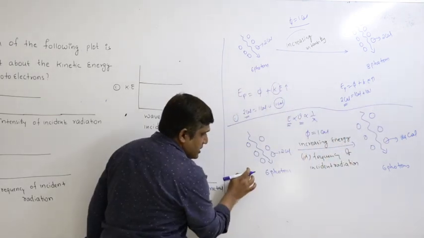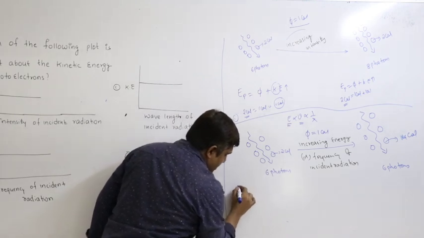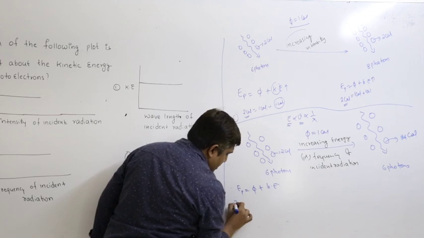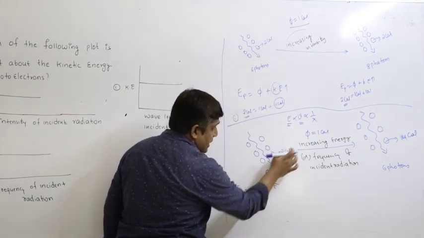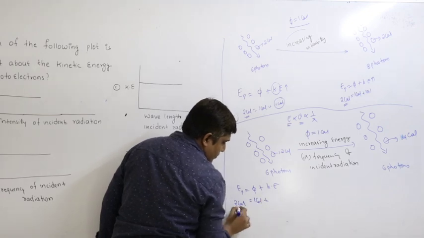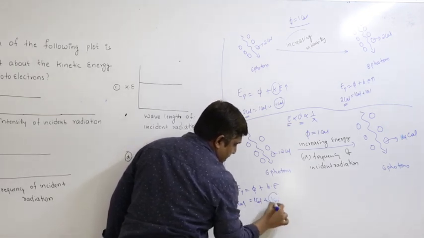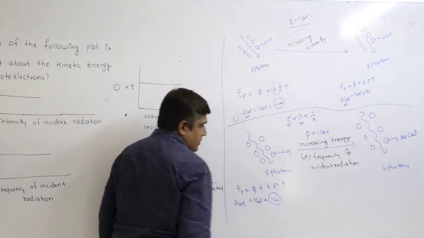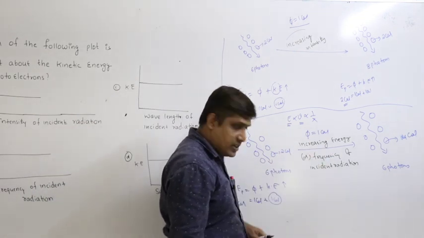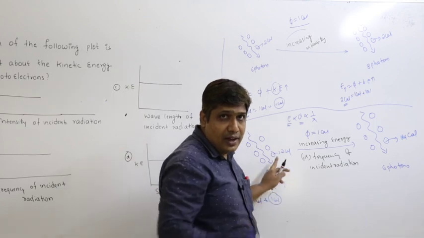Now, in the first case, before increasing, energy of photon equals work function plus kinetic energy. Energy of photon available is 2 calories. Work function is 1 calorie. So how much energy is left over here? 1 calorie. This 1 calorie will be utilized to increase kinetic energy. But when I increase the energy or frequency, the energy of each photon will increase.